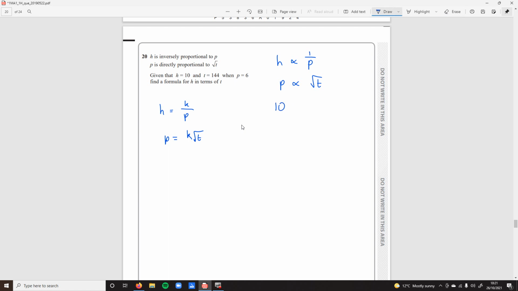Okay, given that H equals 10 and T equals 4 when P equals 6, so K equals 60 in that case, but H equals 10, T equals 144. 6 equals 12 times K. K is a half.